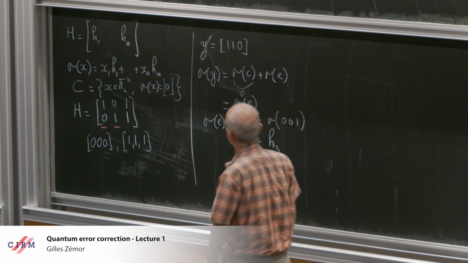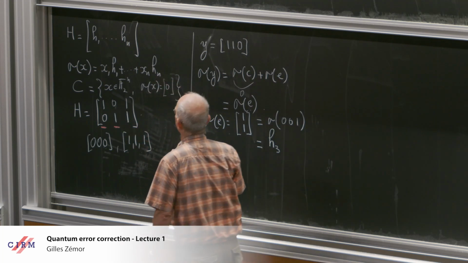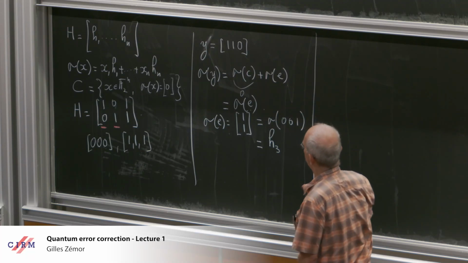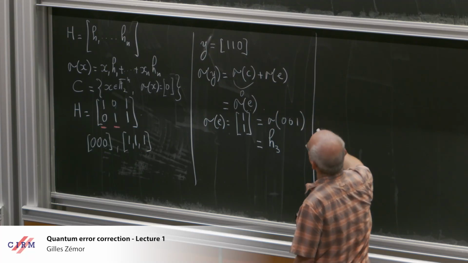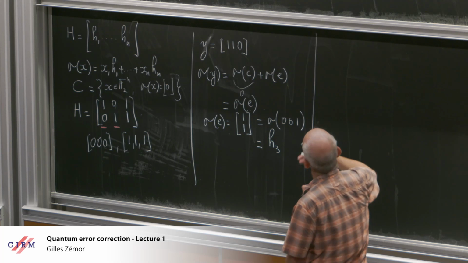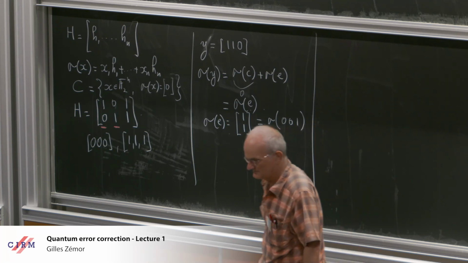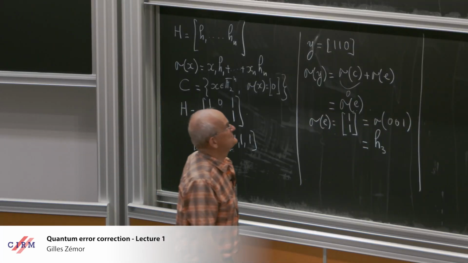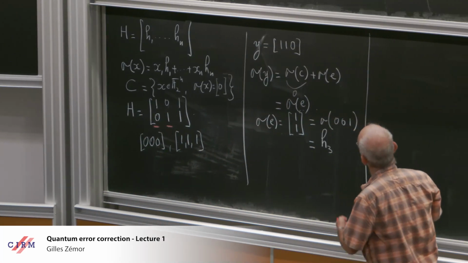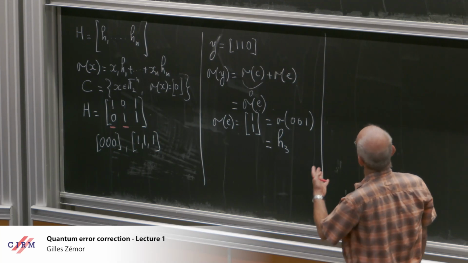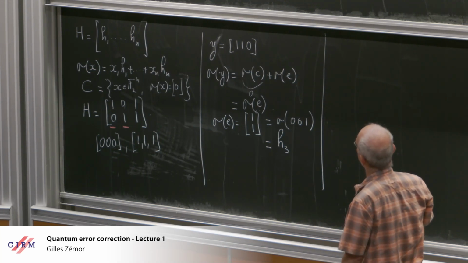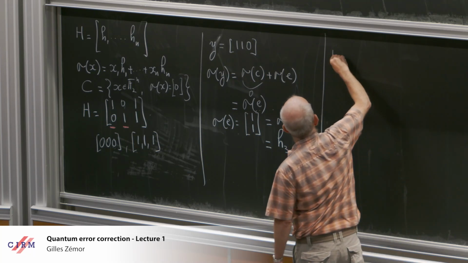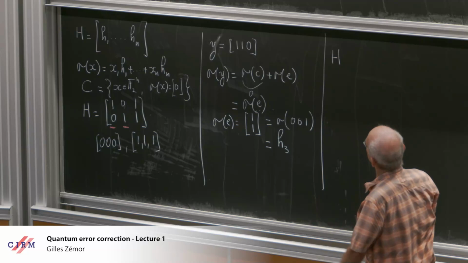So if it's column H3, you get that the error is in position 3. All this may look a little trivial in the case of the repetition code, which is trivial to decode anyway. But this idea is extremely powerful, and it enables you to define much more powerful codes.